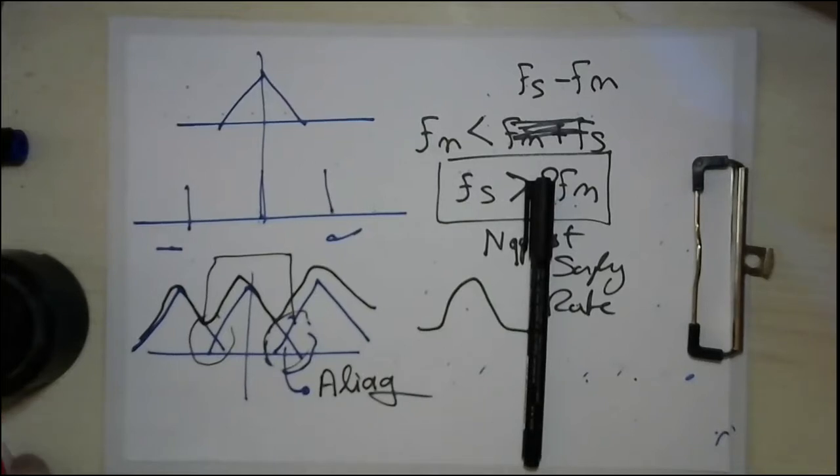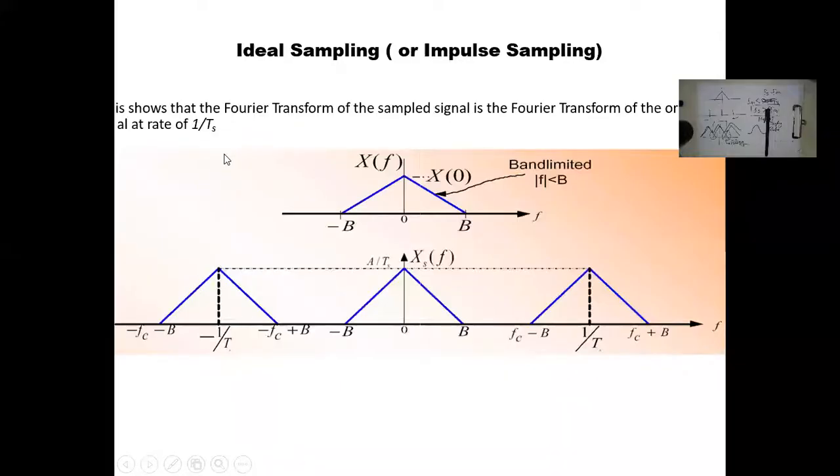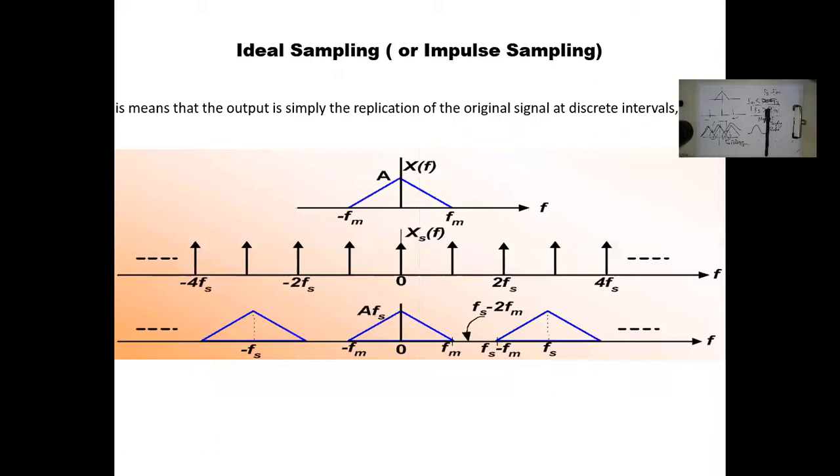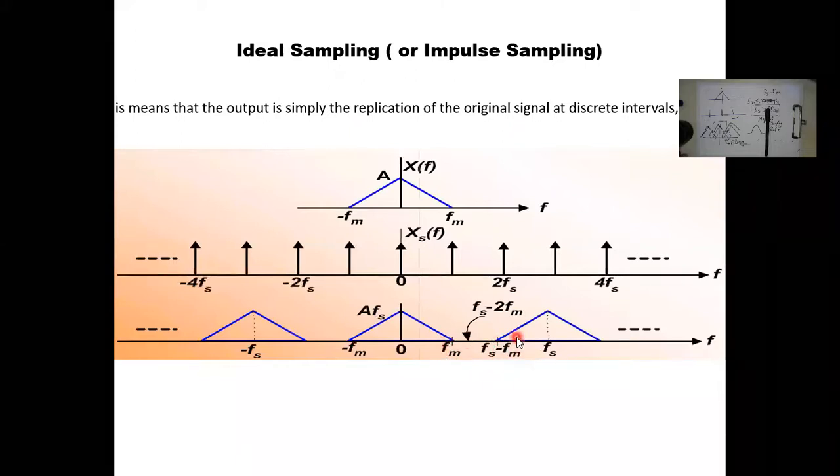Let me now share my presentation again. This is typically what I did with you, my dear students. Here, this is Fm, and this is Fs minus Fm. So Fs minus 2Fm should be greater than 0, or Fs should be greater than 2Fm, which is the Nyquist condition, if you remember.